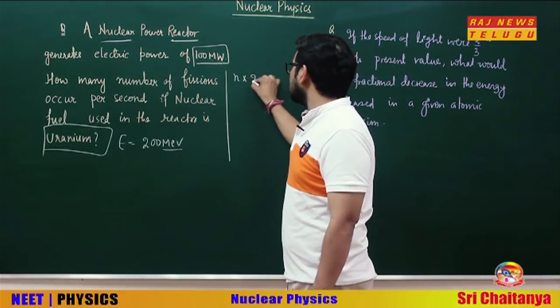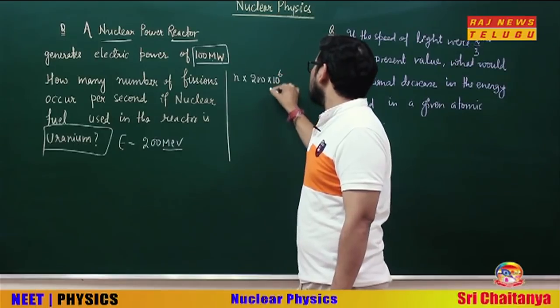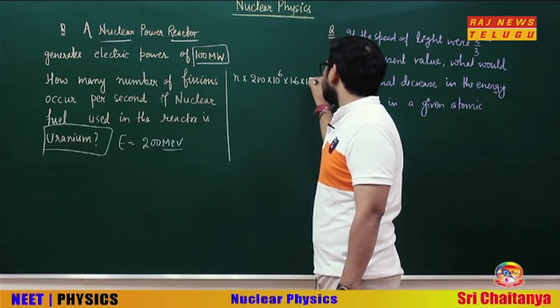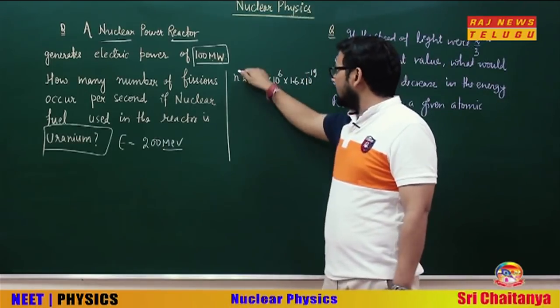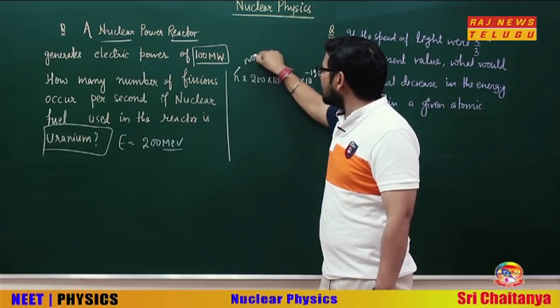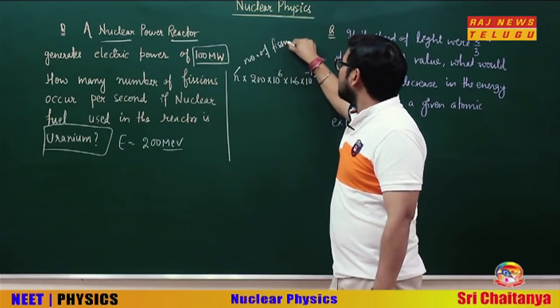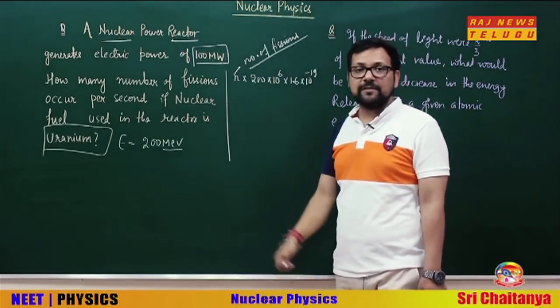Total energy is 200 mega, meaning 10 raised to power 6, electron volt, which is 1.6 into 10 raised to power minus 19 joule. N is the number of fissions. What is N, my future doctors?